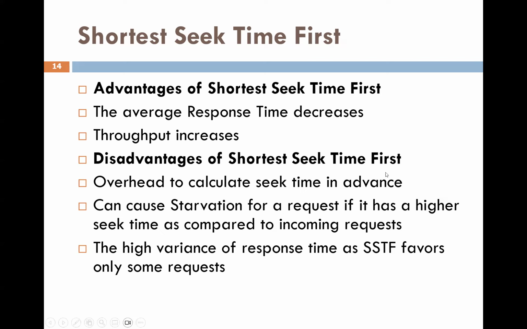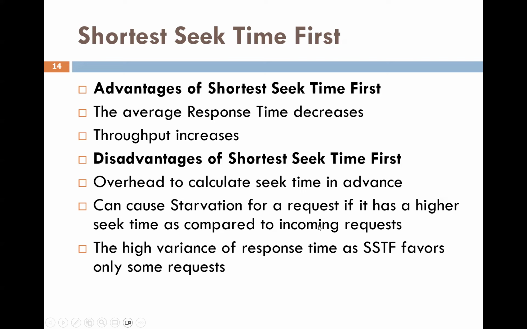Disadvantages of shortest seek time first are the overhead to calculate the seek time in advance. That is one overhead we need to bear. But that overhead is okay if we compare it with the total head movement, because the total head movement is significantly reduced in SSTF. Then it can cause starvation for a request if it has a higher seek time as compared to incoming requests.